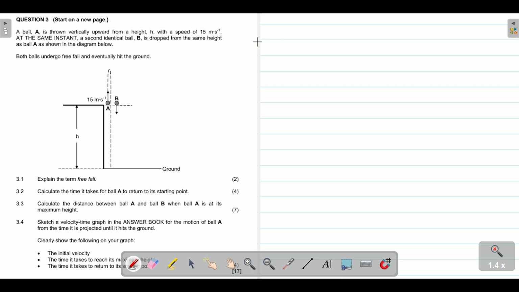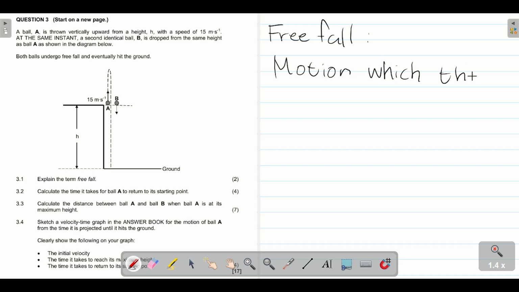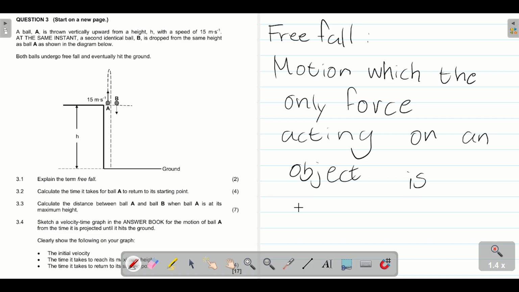3.1 says explain the term free fall. So free fall is a motion in which the only force acting on an object is gravitational force.